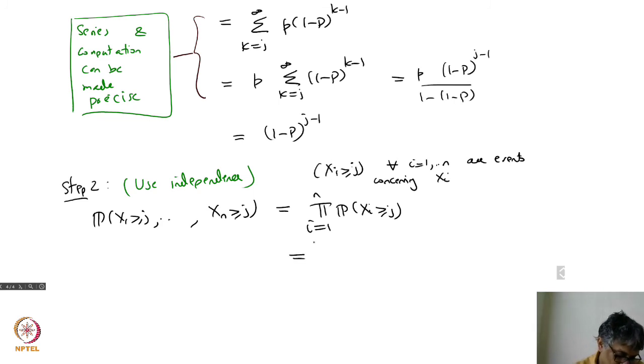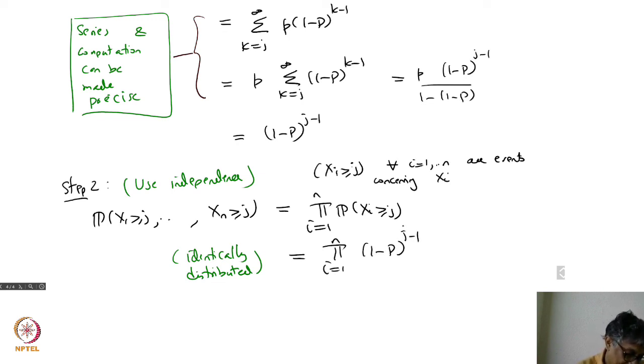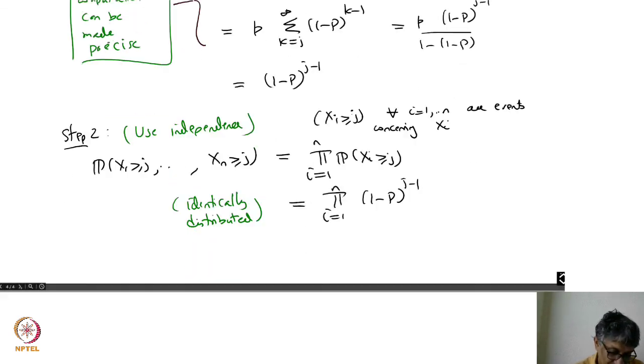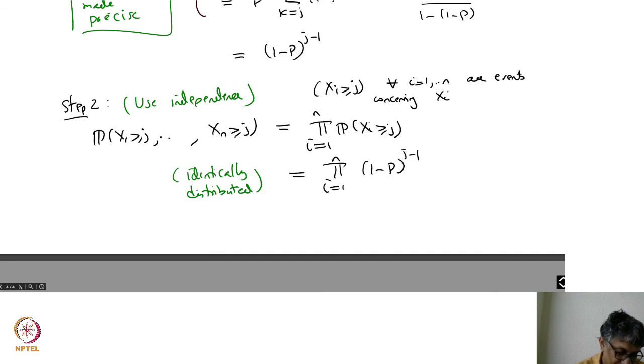And this we know. Now we use the fact that they are identically distributed. That gives you the product from i equal to 1 to n, and they're all the same: (1 minus p) to the j minus 1. That is, x1 has the same law as xi for any i, and this doesn't depend on i.